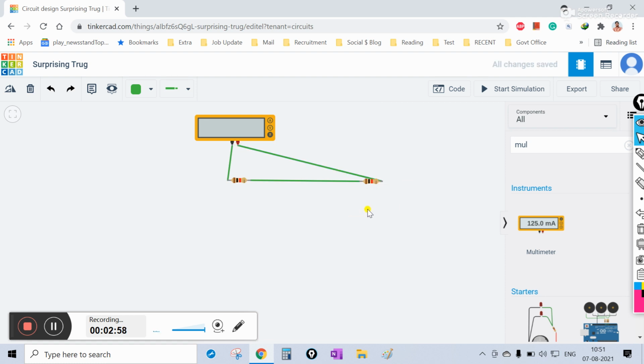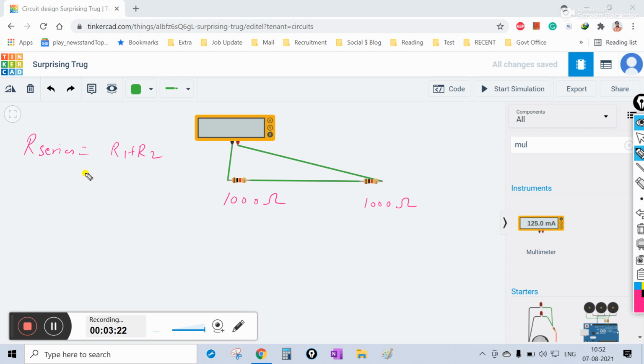Now if I check as per the formula, what should happen? This is R1, 1 kilo ohm, that means 1000 ohms, and this is R2, 1000 ohm. What did I tell you? R series equals R1 plus R2.